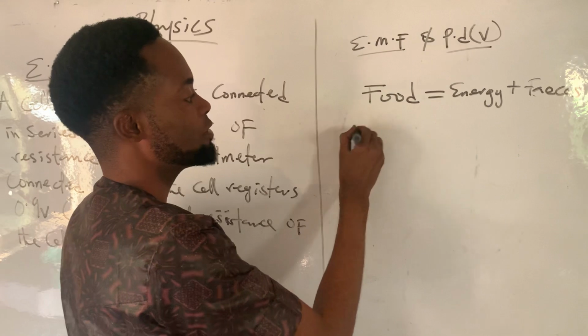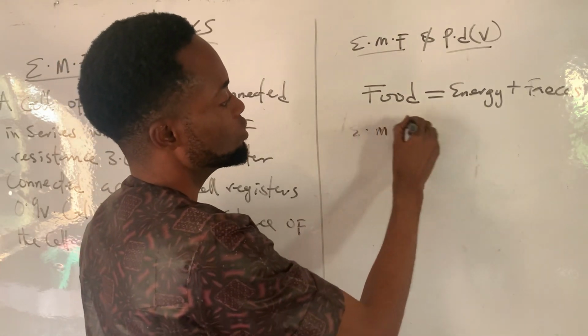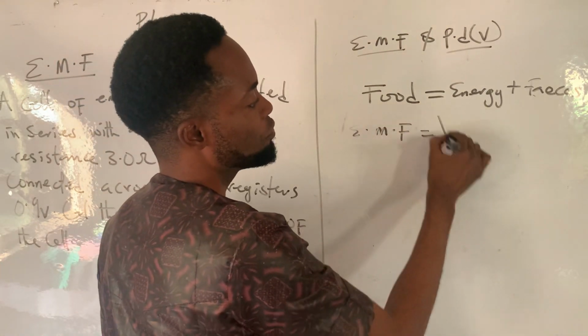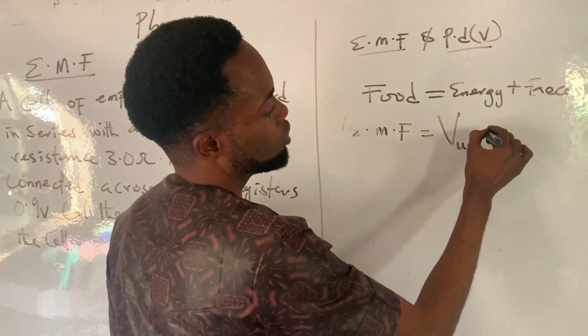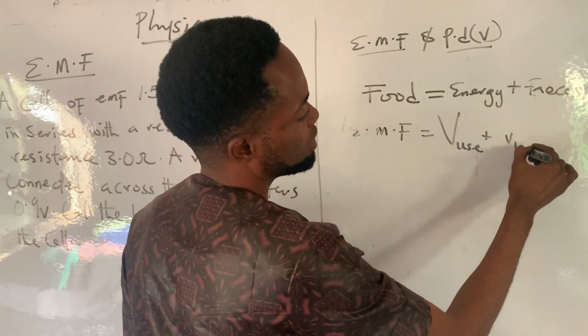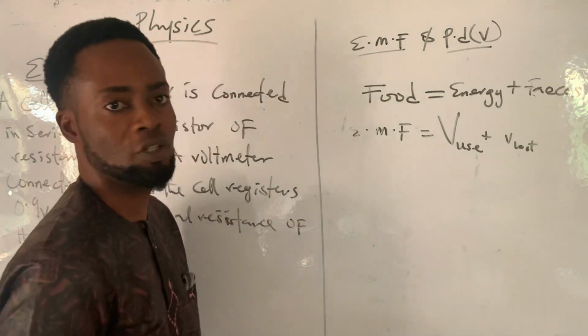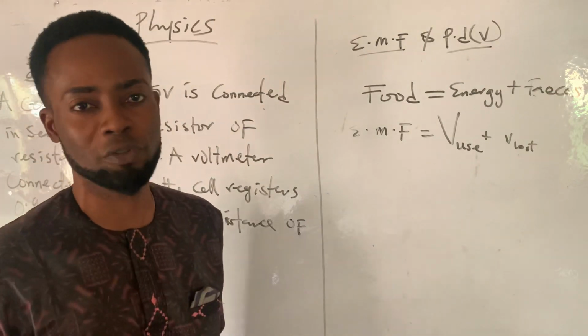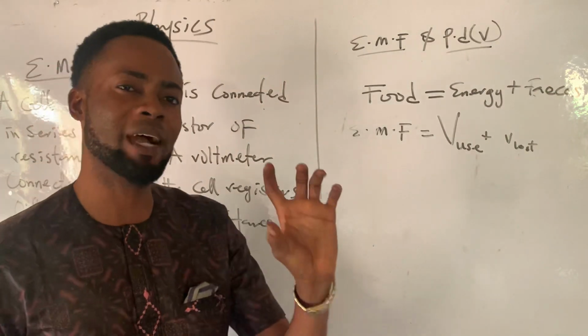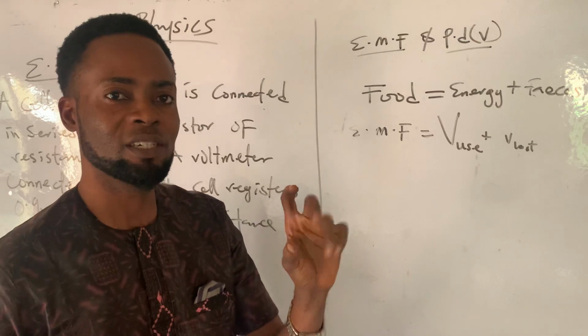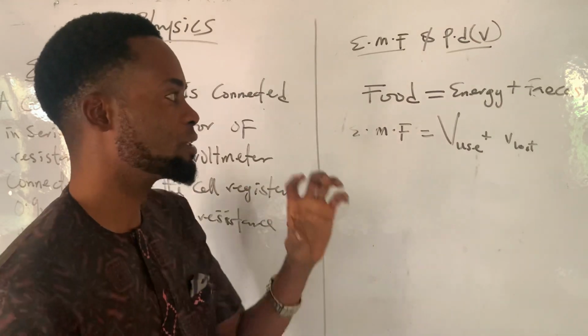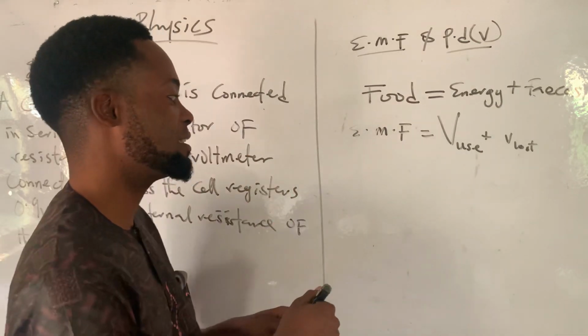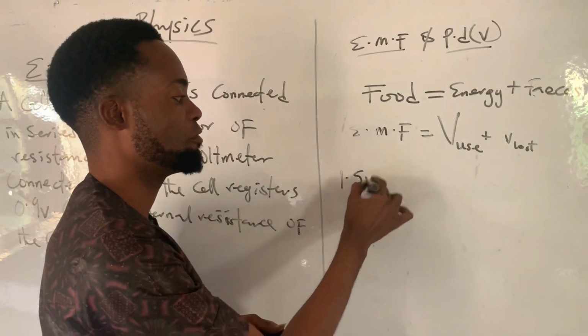So, therefore, we have EMF equals useful voltage plus lost voltage. Useful voltage plus lost voltage. Now, for instance, if you buy a battery, a cell, like a Tiger battery, you see they may write 1.5 volts.